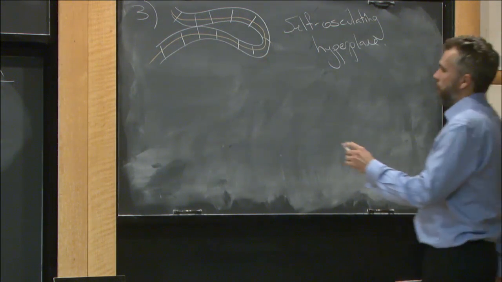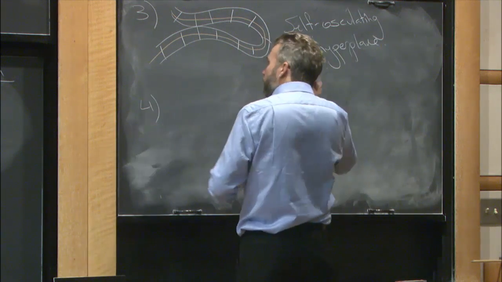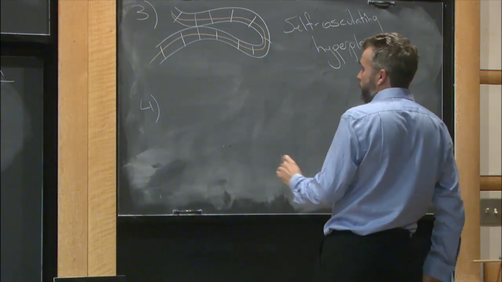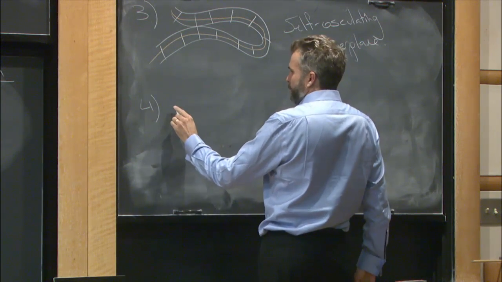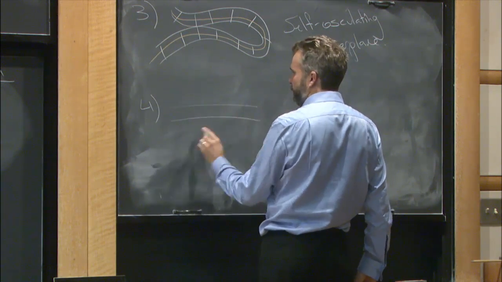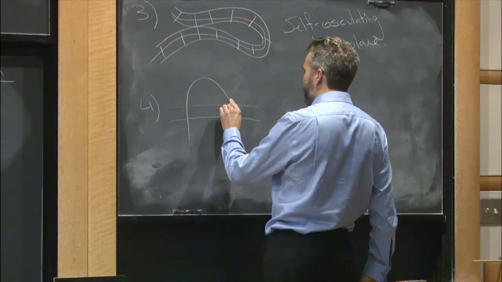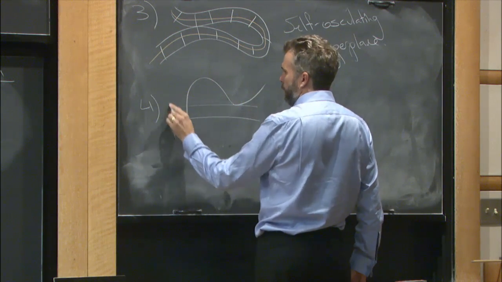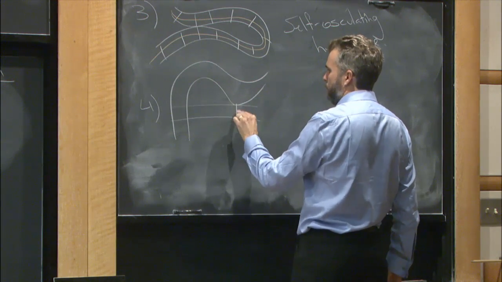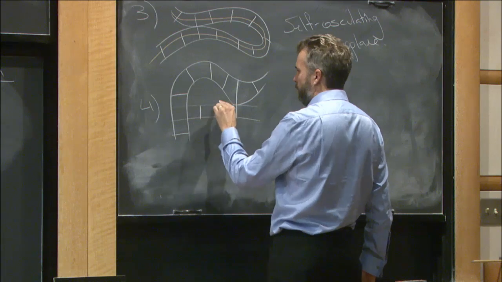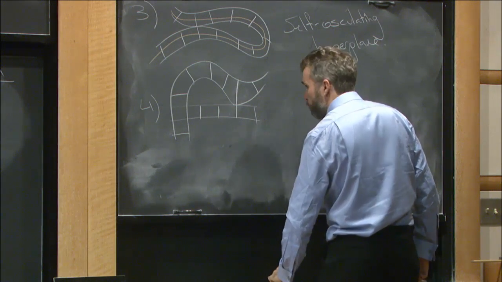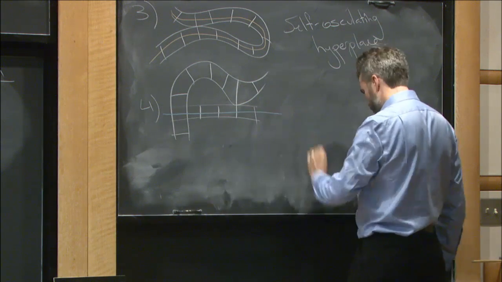Okay. And then 4, I don't want this to happen. I don't want a pair of hyperplanes to both intersect and osculate. So here's one hyperplane along the middle.